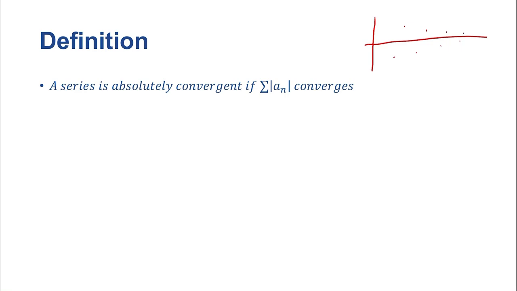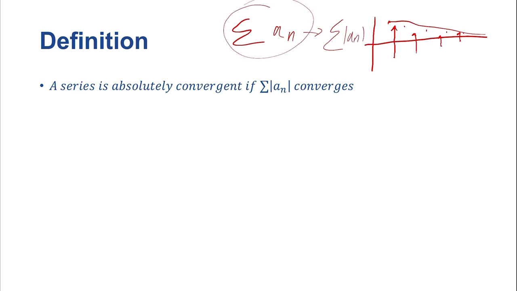What absolute convergence basically says is, if I take the absolute value and move all of these terms up, is this going to converge now? So we have a sum of a sub n, and we are going to be testing the absolute value. And if that converges, then this will converge absolutely.